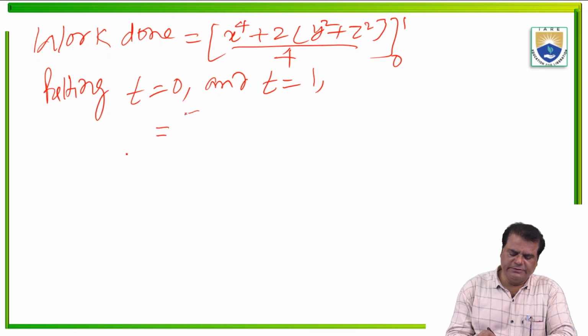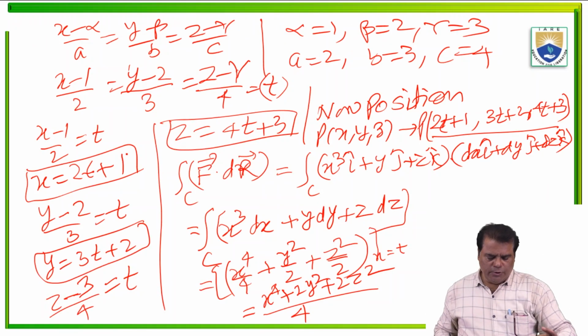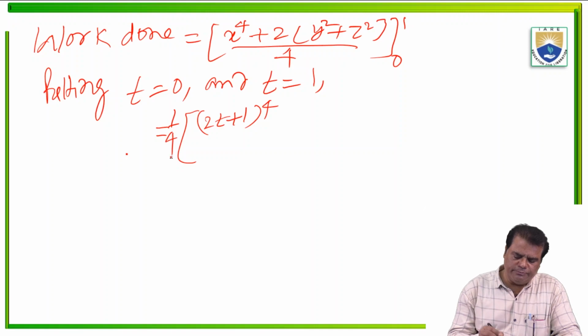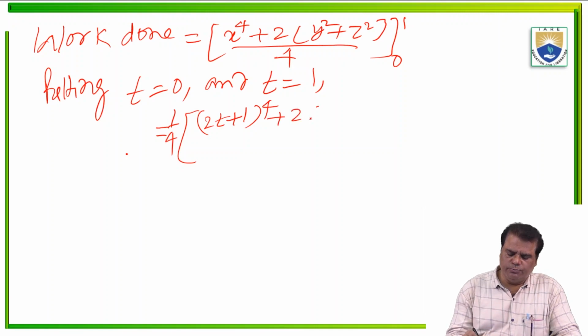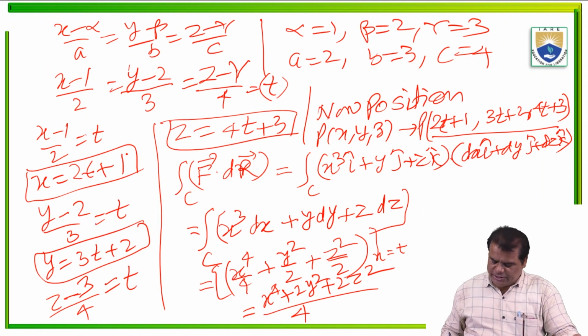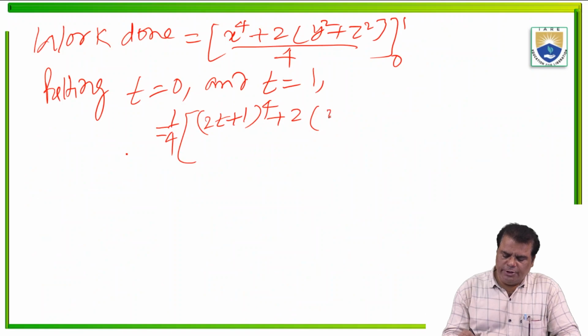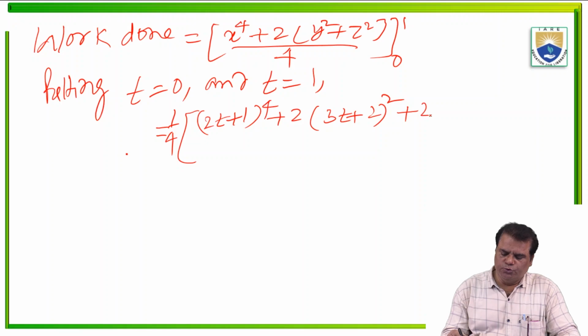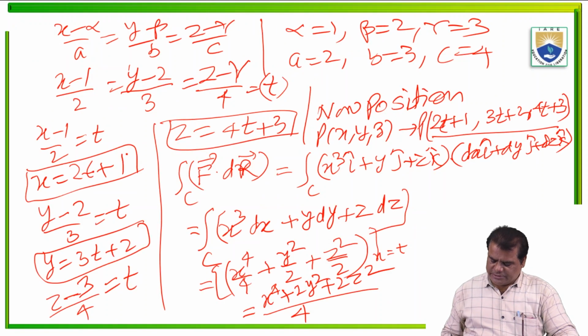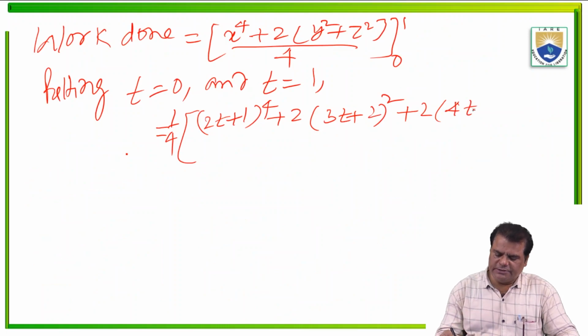What is x here? 2t plus 1. So 1 by 4 is outside: (2t plus 1) whole to the power 4, plus (3t plus 2) whole to the power 4, plus (4t plus 3) whole to the power 4.